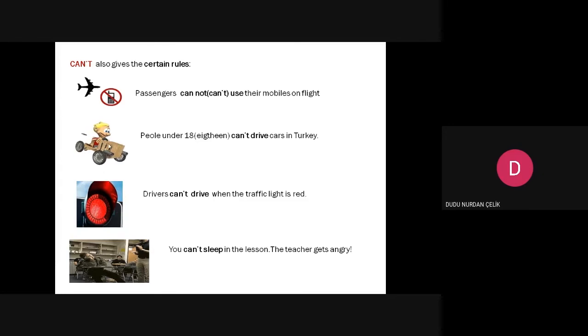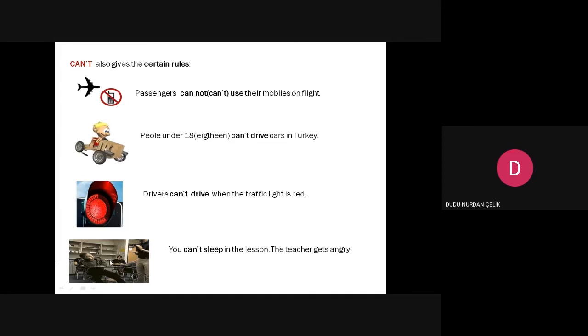This is the red traffic light. Okay, the red traffic light means drivers can't drive when the traffic light is red. They can't drive. If they drive, they get punished.